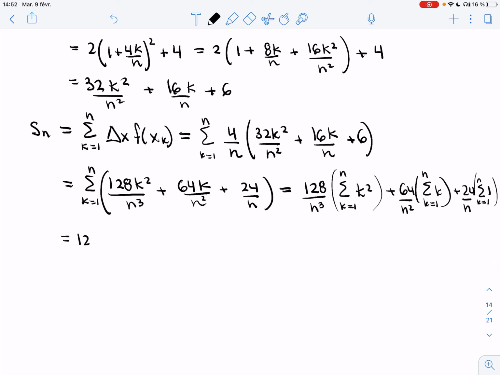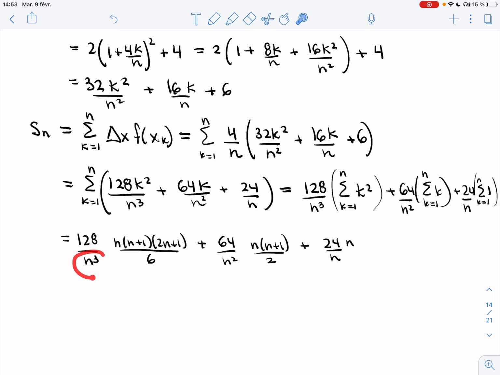Now I'm going to replace these sums by the formulas that we have. So that's n times n plus 1 times 2n plus 1 over 6. I have n times n plus 1 divided by 2, and then 24n over n.